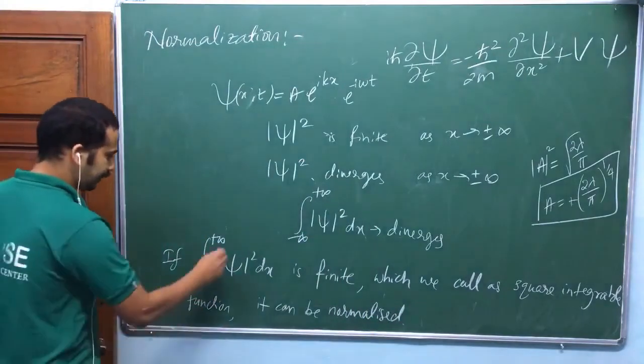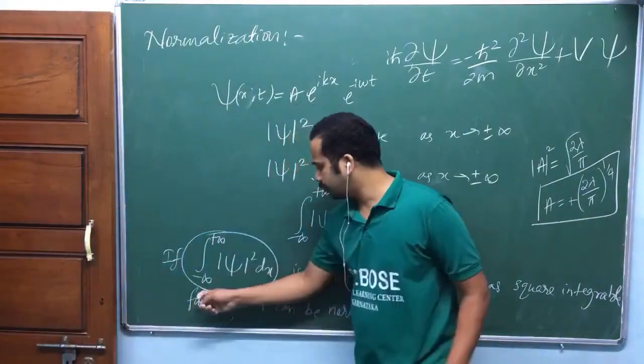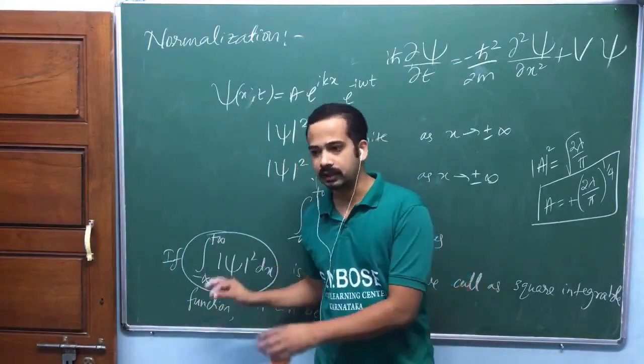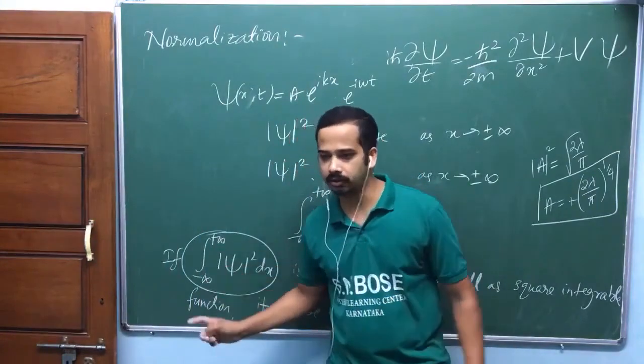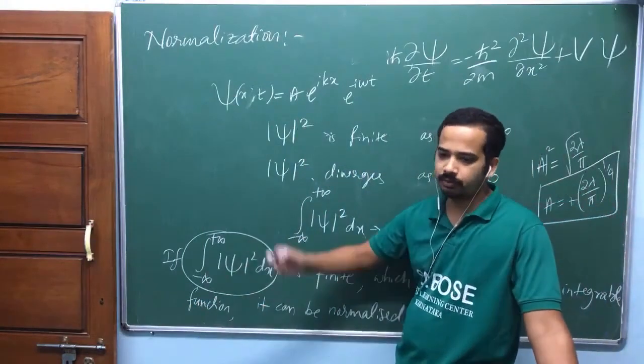If this integral is finite, again, suppose your region of interest is some a to b or something, you take that one. In that region, that integral should be finite. Is that okay, Faisal? Here I have taken minus infinity to plus infinity, the most general case, okay?